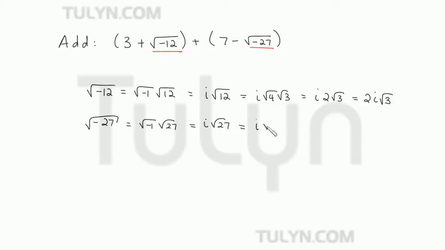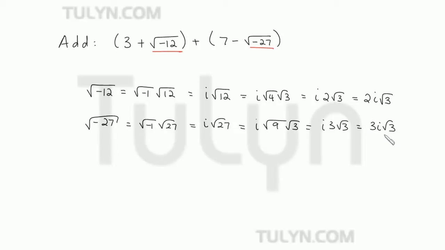Yeah, so i times square root of 27 is i times square root of 9 times square root of 3. So we get i times 3 times square root of 3. So we get 3i times square root of 3.